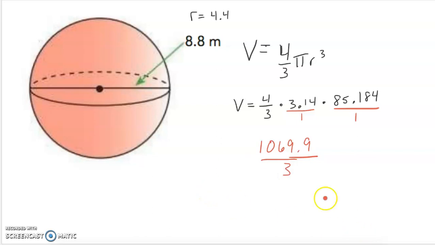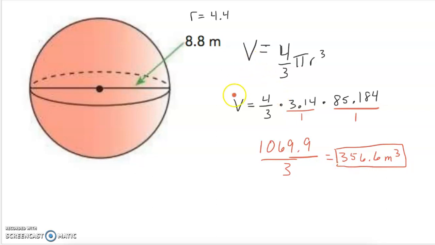Now I just take my answer and simplify. 1069.9 divided by 3 gives us 356.6. That's going to be meters cubed because we're finding volume.